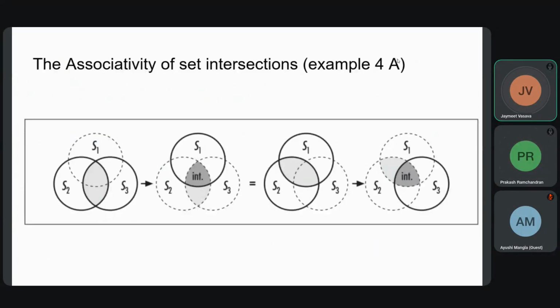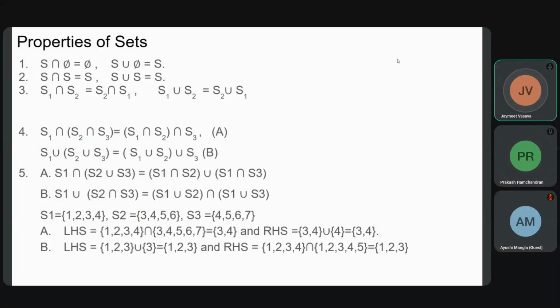You can see, starting from left to right, we have S2 and S3's area or intersection, then S1 being counted in, and it's the same thing as S1's area with S2, with S3 being counted in at the last. So it basically means the same whichever order you do. Same is for the union as well.